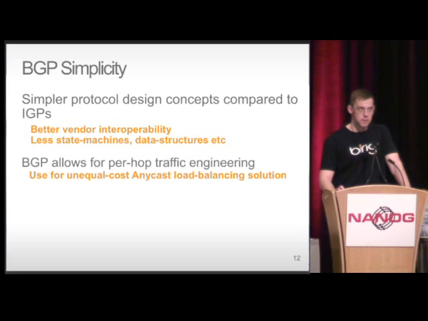Of course, there are some downsides, because some implementations of BGP put too much effort into optimization, specifically into the update processing, and we've seen some vendors having issues and bugs in the update processing. But in general, our experience in testing and operations was that BGP deployments are much simpler to operate and support.